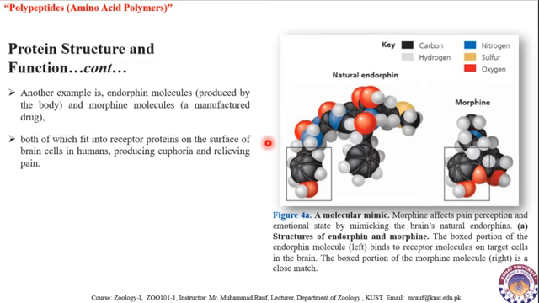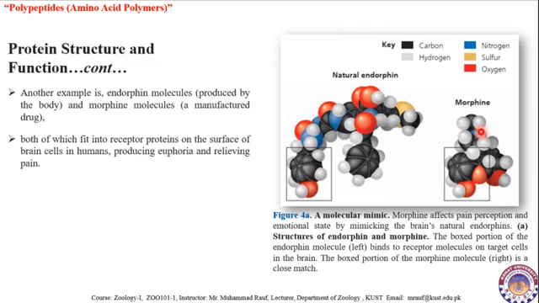So this is the shape of an endorphin molecule, and on the other hand there is the shape of the morphine molecule. Naturally, endorphin molecules bind to the pain receptors and the pain is relieved and the person feels satisfaction.